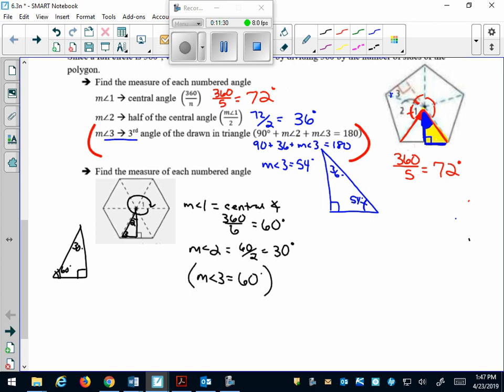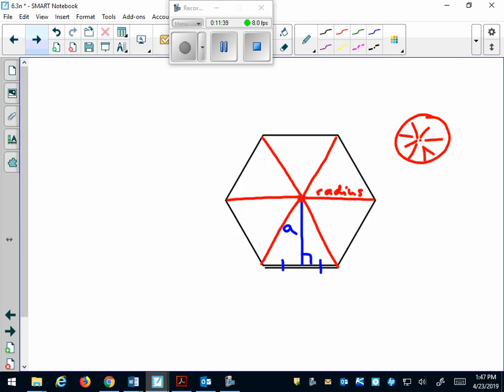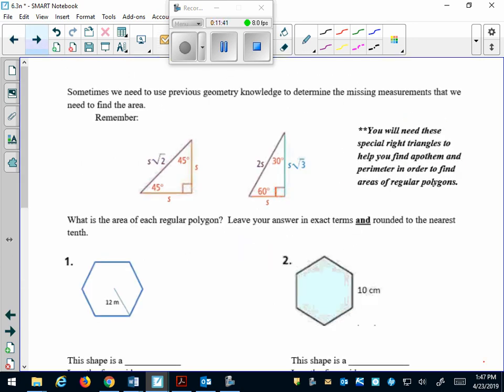And isn't that a nice special triangle? Yeah. 30, 60, 90 triangle. Remember those? Okay, so special right triangles are going to be important in this section, especially 30, 60, 90s.